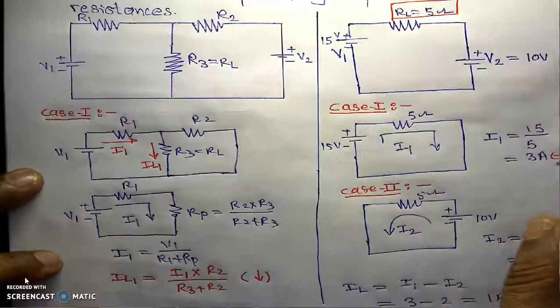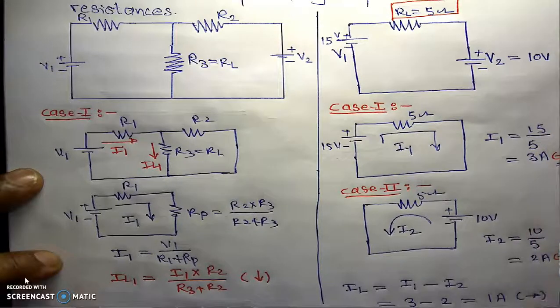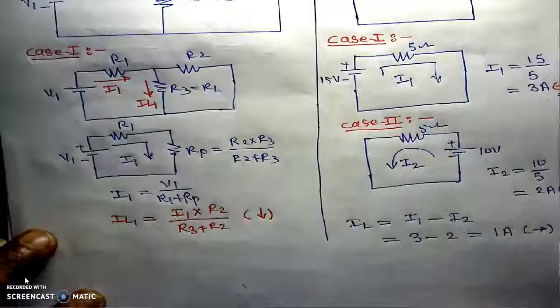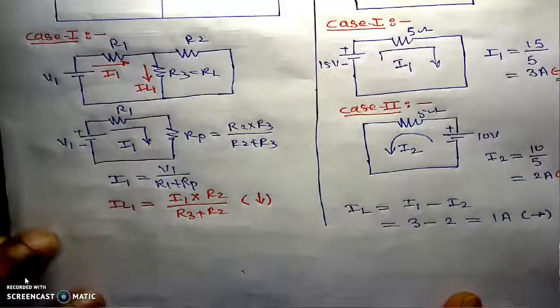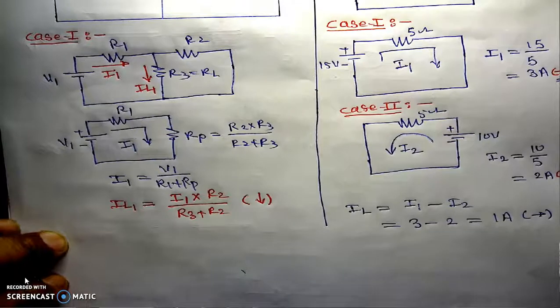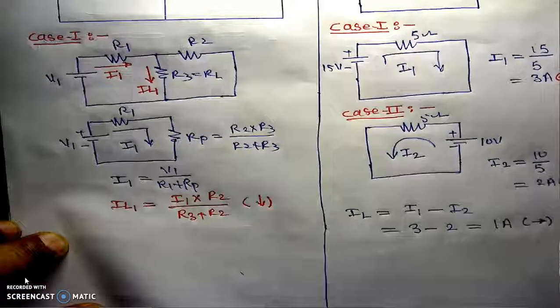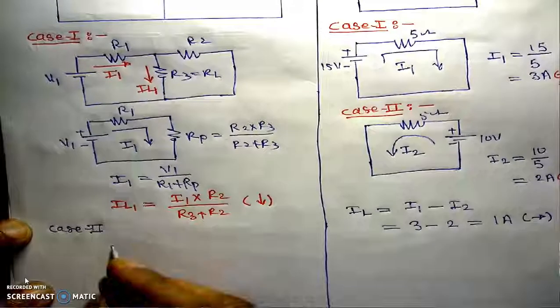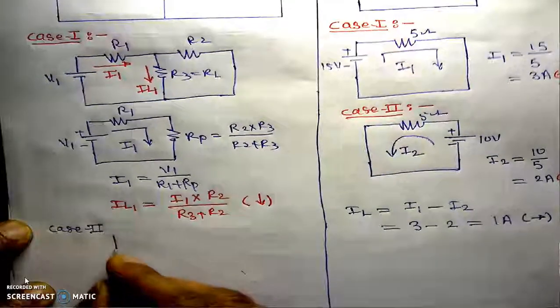Similarly, if we apply this method for case number 2, what will we do? In case 2, we will consider the second source, and we will replace the first source by its internal resistance.